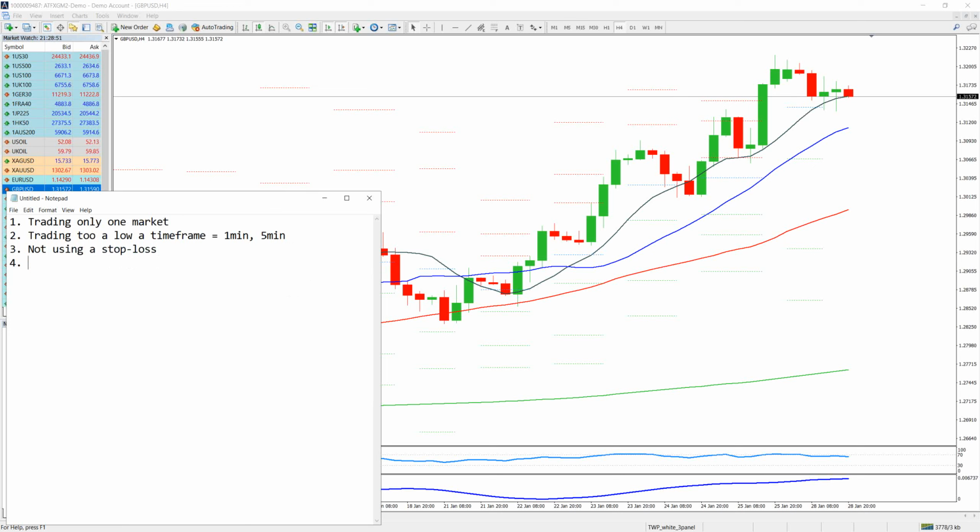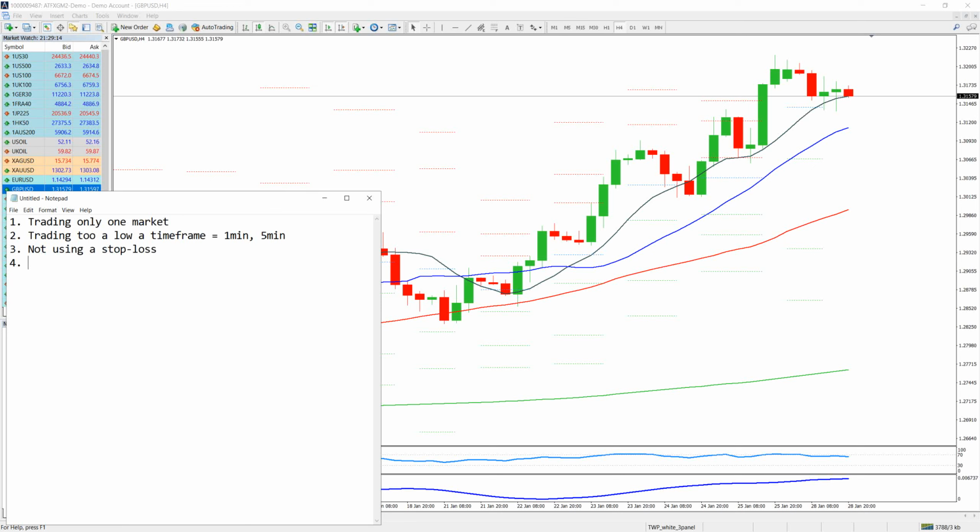It's the same thing if I get into a market where the time frame is too low and too volatile. It's going to upset me because the trades are going to be all over the place. The market can change its mind 50 times a day on the lower time frames, and so I'm going to become more emotional because it's just too noisy.